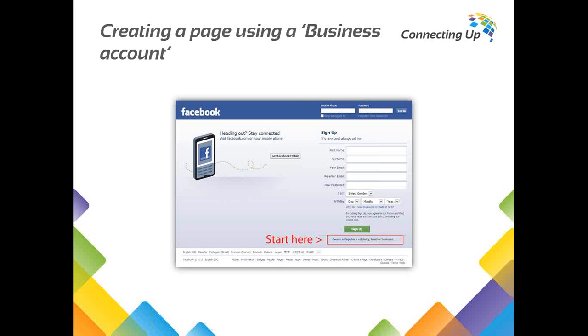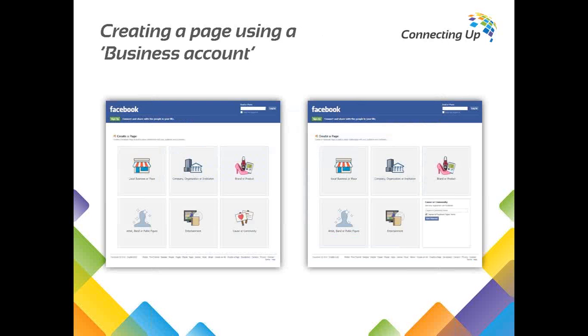First up, it's important that you log out of Facebook and go to the Facebook homepage, and down the bottom you'll see a little link to create a page or create an advert. When you click that, you'll go through to the next page where you'll be asked to choose what sort of page you want to set up.